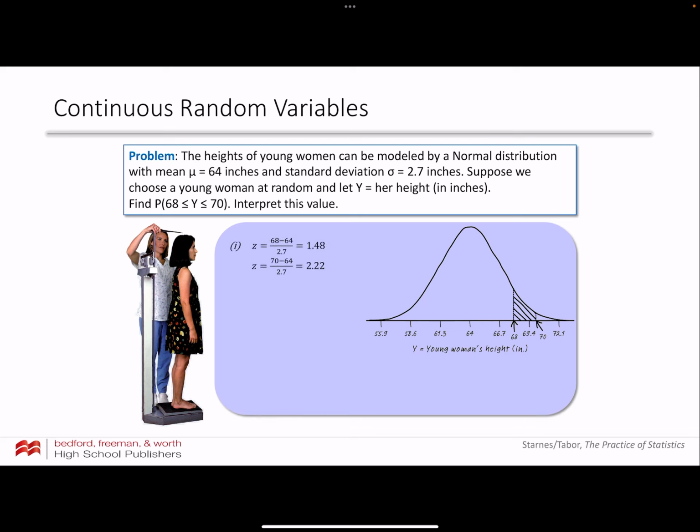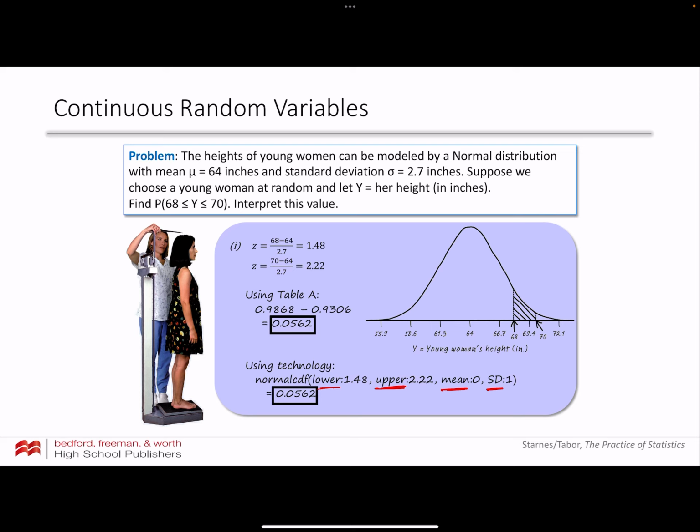So if you find z-scores, here are your 2 z-scores. And then if you use the table, you would subtract those values because you want this area in between those 2 cutoff scores. Or you can use your calculator. If you use your calculator, please don't forget you're using normal CDF, but then you're labeling your inputs, right?